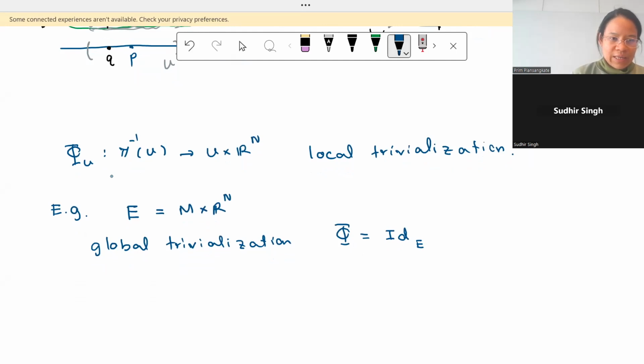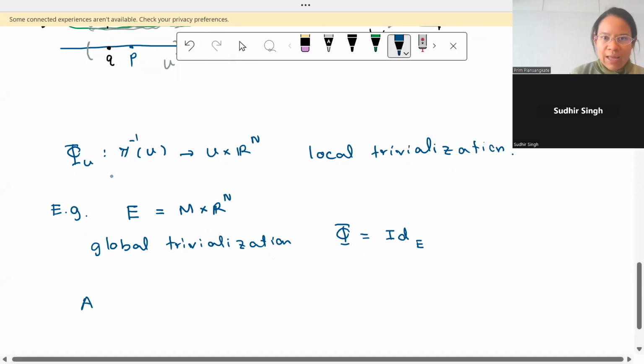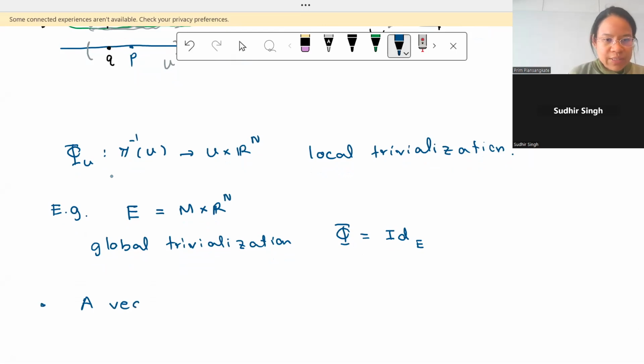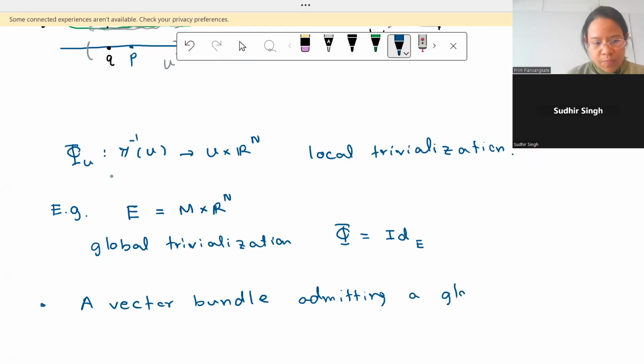And we have a name for any vector bundle that admits a global trivialization. It might not be a product manifold, but we would call it a trivial bundle. So say that a vector bundle admitting a global trivialization is called a trivial bundle.